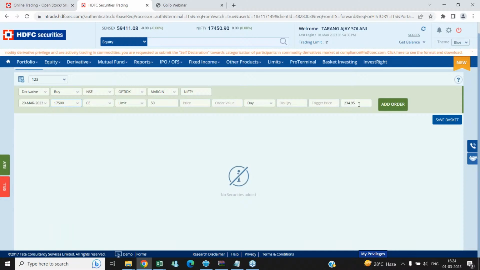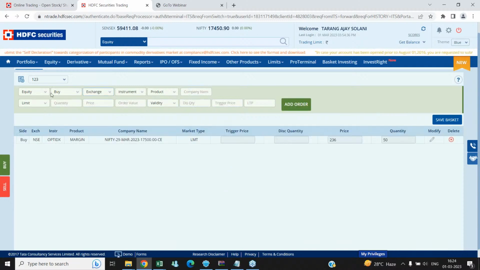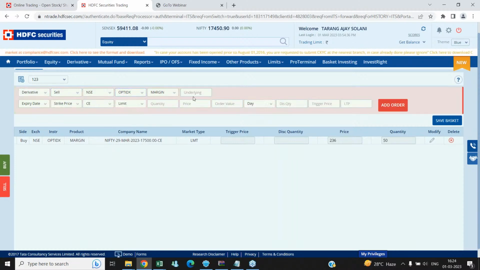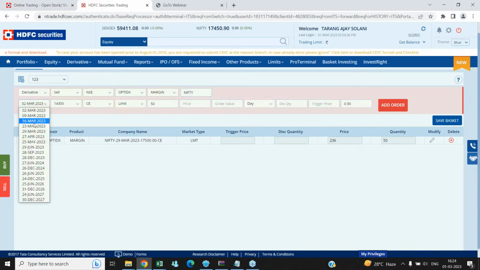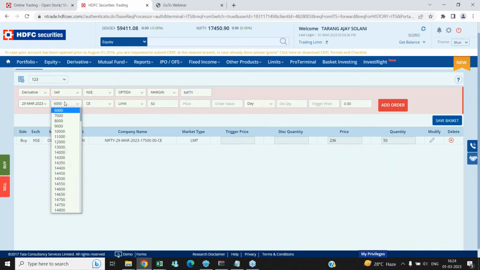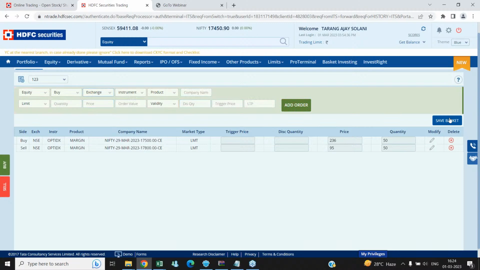Now here you will be able to see the current market price. Suppose you want to buy at 236 rupees, you need to add this order. Then in the same way you want to sell the 17,800 call option of Nifty, which is quoting at 96. Suppose you want to sell it at 95. You need to add this order, then save this basket.